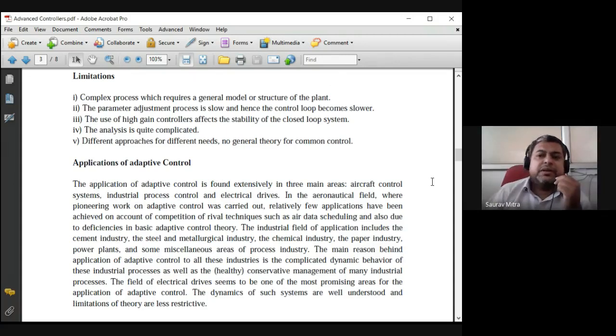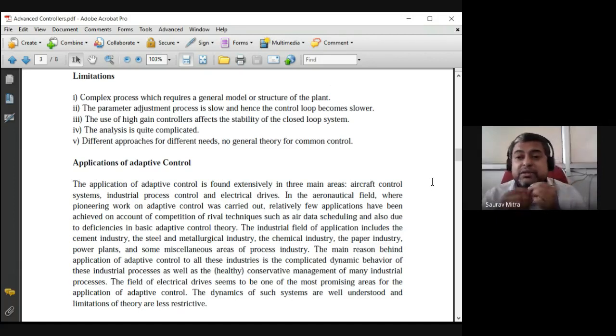As explained initially, the process loop, that is controller, process, output, feedback, is comparatively faster than the parameter adjustment process. Hence the slowness of the parameter adjustment process makes the control process also slower. This is possible if the plant is very big; only then this kind of problem occurs. The use of a high gain controller affects the stability of the closed loop system.